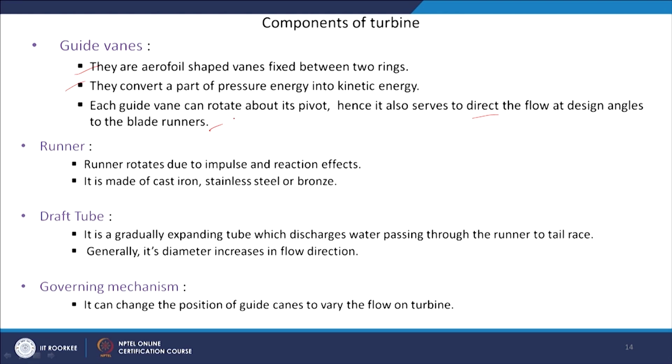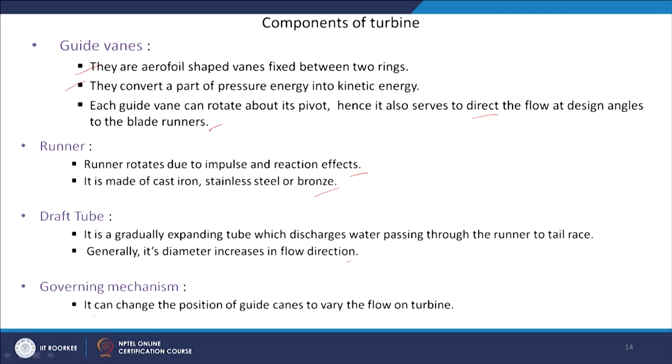The runner rotates due to impulse and reaction effects, and it is made of cast iron, stainless steel or bronze. The draft tube is a gradually expanding tube which discharges water passing through the runner to the tail race, and generally its diameter increases in the flow direction. And the governing mechanism: as we have seen, if needed the needle in the nozzle will be placed to reduce the velocity in case of an impulse turbine.